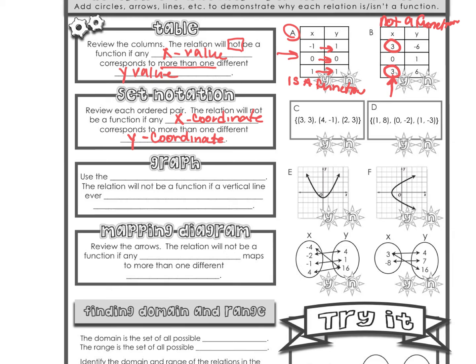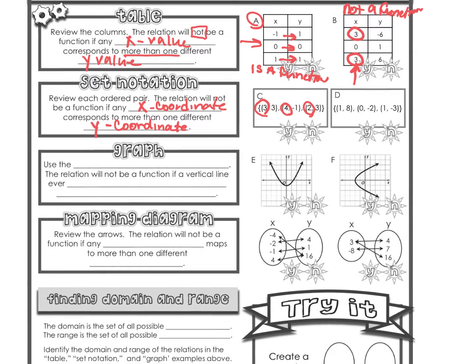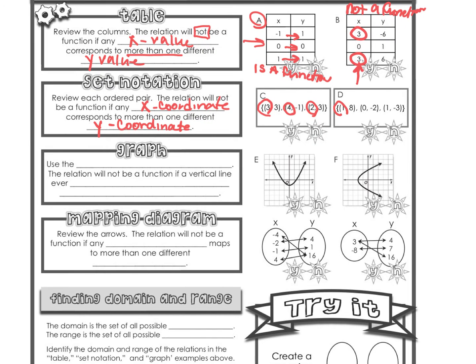So C is a function because when you look at the x's, they don't repeat. D is not a function because the x's repeat. There's a 1 in the first set of coordinates and there's a 1 in the third set of coordinates.